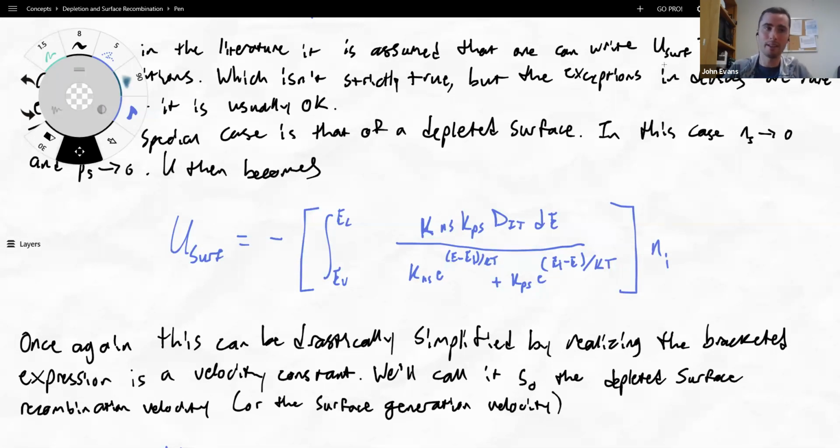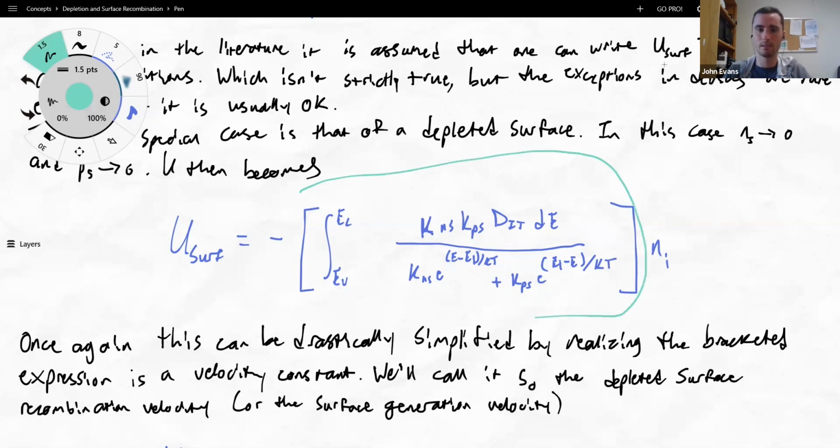And once again, this whole thing is just a constant. And it's a velocity constant again. So we're going to call it S sub naught, which is the depleted surface recombination velocity.